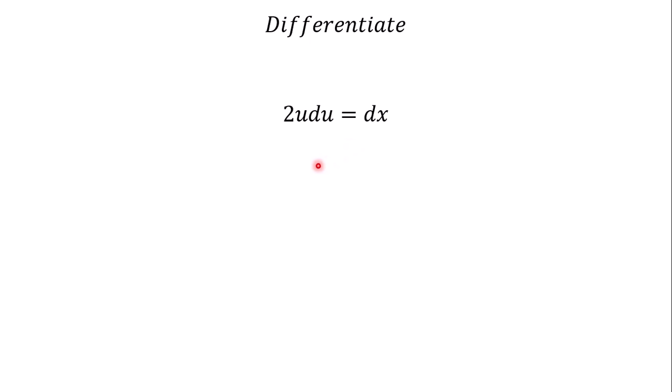We have gotten something that is going to replace the square root of x, but initially we didn't know after replacing square root of x with u what is going to replace dx, and now we have gotten that one also. dx is equal to 2u du. So when we go back to the integral question, where dx is, we just put this one there, and where square root of x is, we just put u there, and where we see x, we put u squared. So let's put them into the integral.